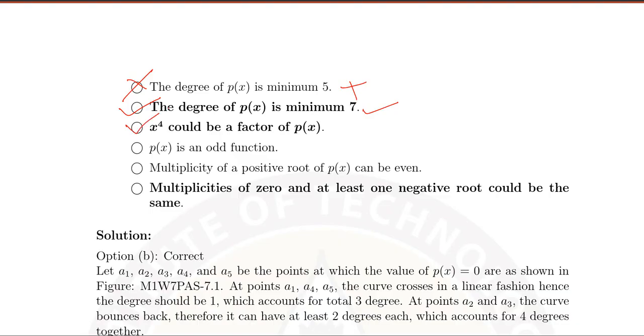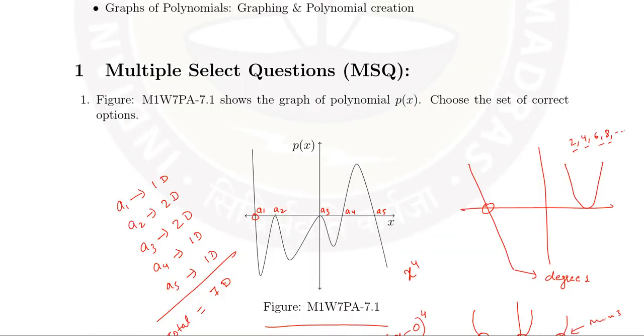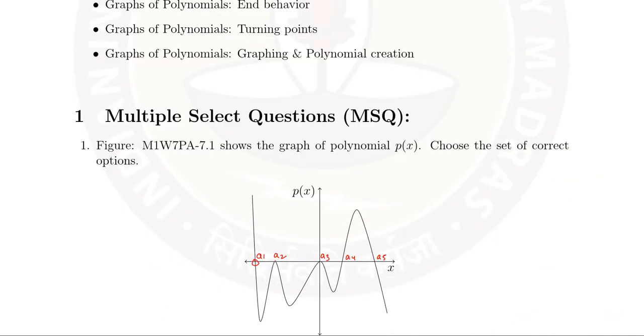In the next option, p of x is an odd function. Now let's see that. We know the definition of an odd function, and we can also understand it with the symmetry of the figure here. In the lecture we have already seen a function will be odd when p of minus x is equal to minus p of x.